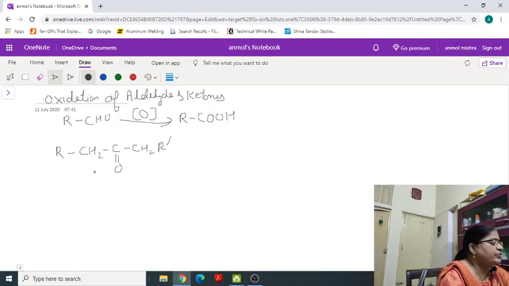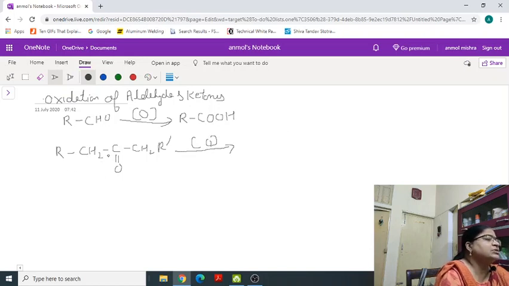Oxidation of ketone involves Popov's rule. This rule states that on cleavage of the C-CO bond, the carboxylic acid group always goes with the lesser number of carbon atoms. In this we have the same. So in this, different kinds of carboxylic acid can be formed.